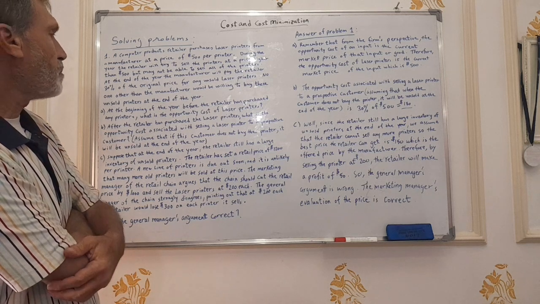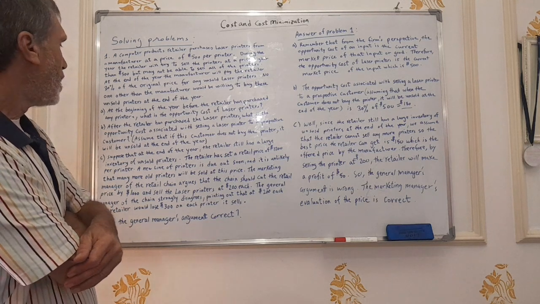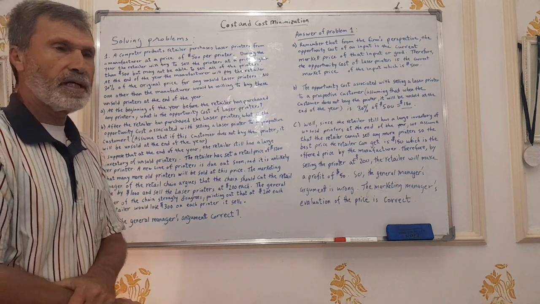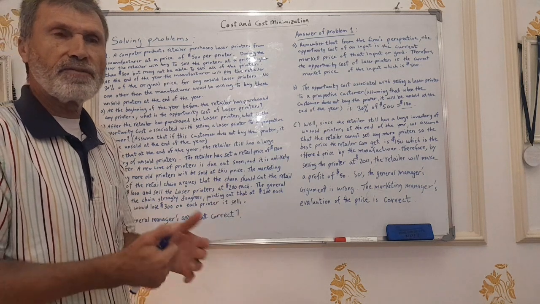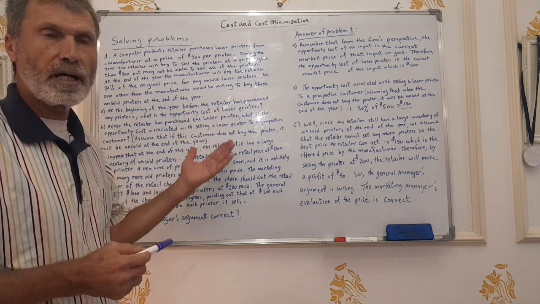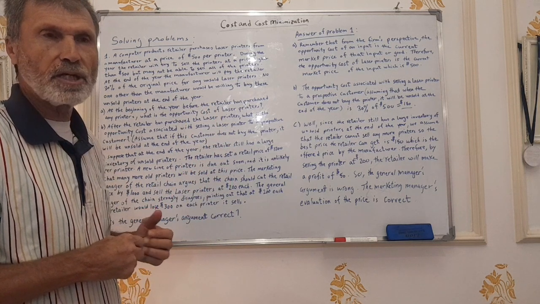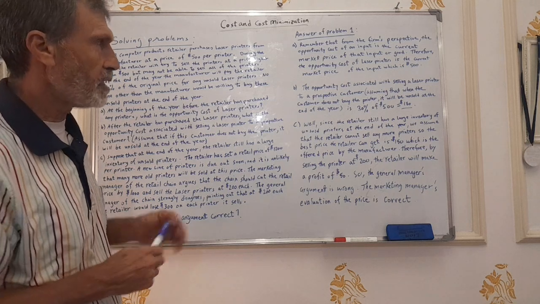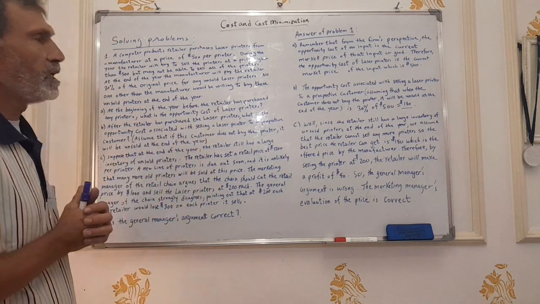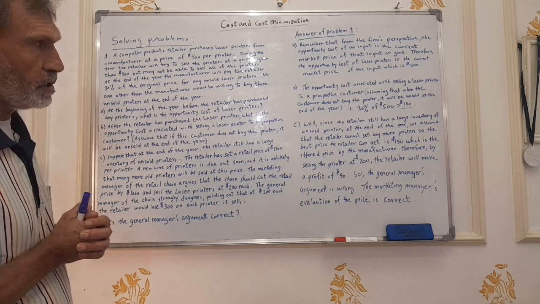The best alternative is to be sold to the manufacturer for 30% of the original price, which is $150. Now, this is exactly based on the concept of opportunity cost.